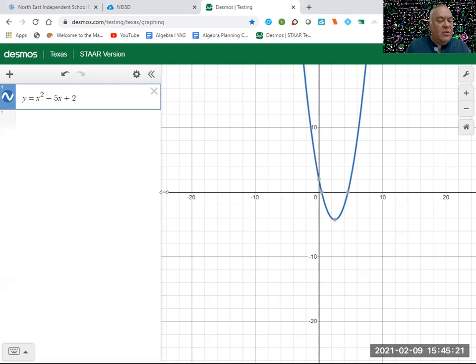Okay, so what you can gather out of this middle term: if the a term, in other words the number in front of the x squared, which in this case is positive 1, so it opens in the upward direction, is positive and the b term is negative, it shifts it to the right of the y-axis.